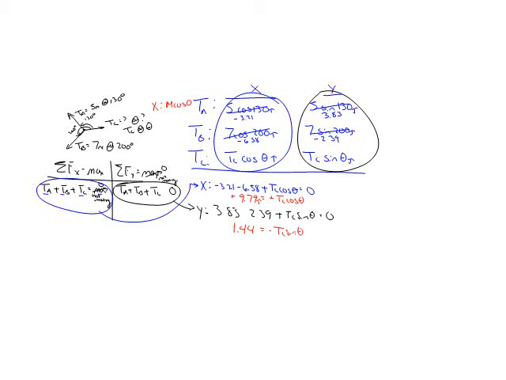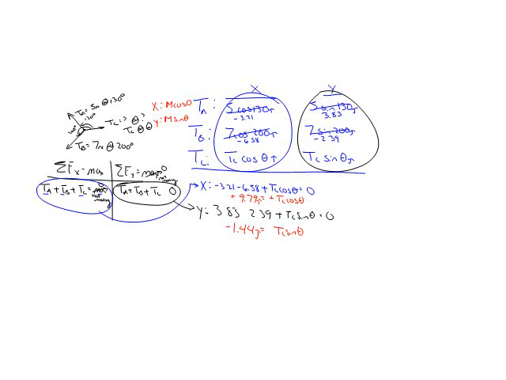So basically negative 1.4 equals positive TC sine theta. This TC sine theta is the same thing as the y component is M sine theta. That's saying that this is the J component, the y component.